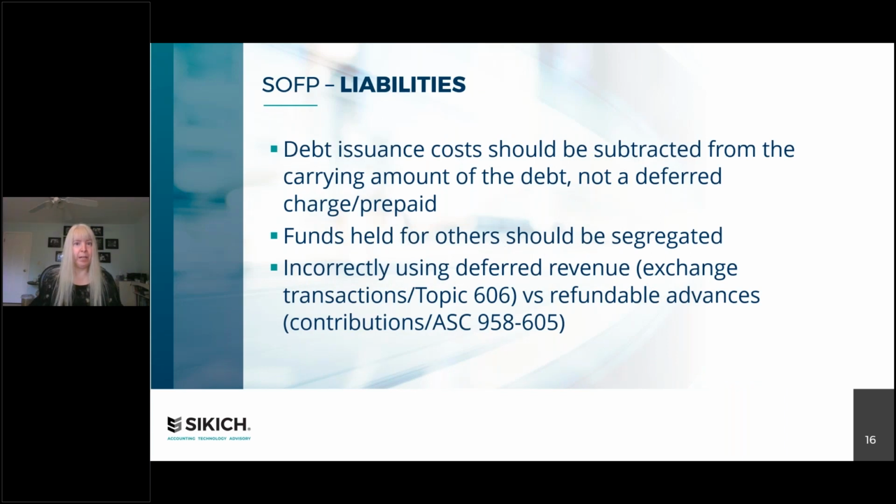From the liability standpoint, we don't see as many hang-ups or errors being made. However, they generally come about if there are new circumstances. For instance, the not-for-profit hasn't had debt in a while and got new debt since the standard changed, requiring the debt issuance cost to be netted with the carrying amount of the debt on the statement of financial position.